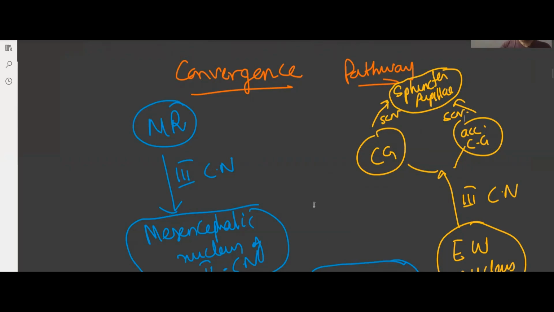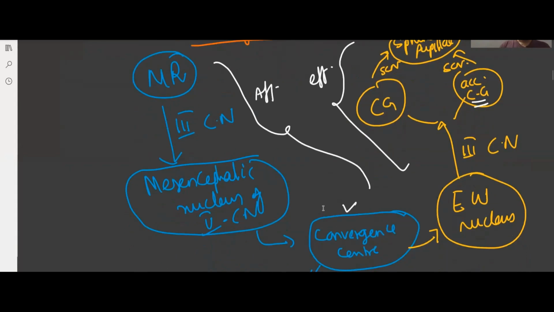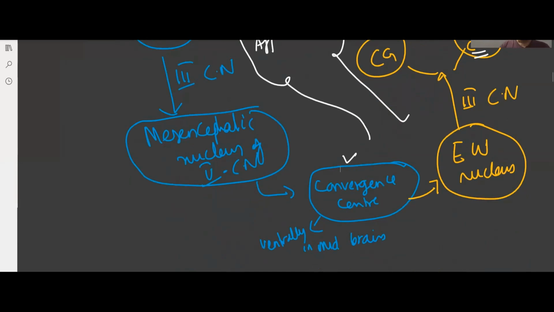This is the convergence pathway. This part is the afferent pathway, which is different for the light reflex and near reflex, and this is the efferent pathway. The only thing we have here is an accessory ciliary ganglion, and the center is the convergence center, present ventrally in the midbrain.